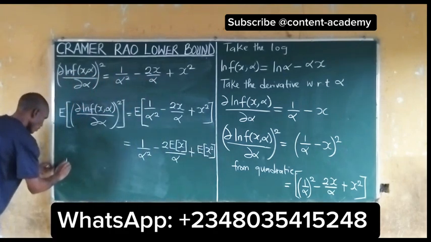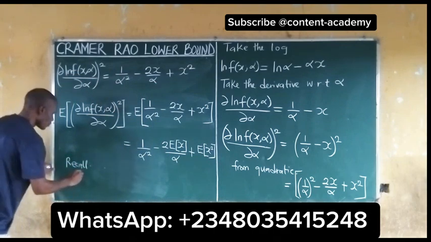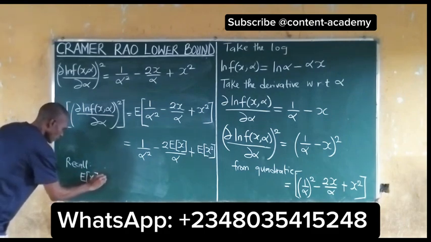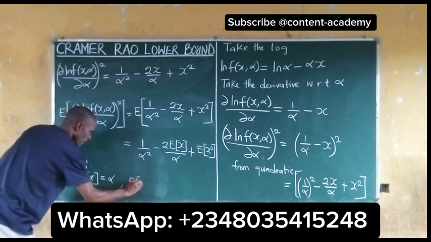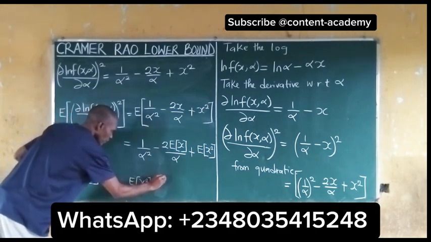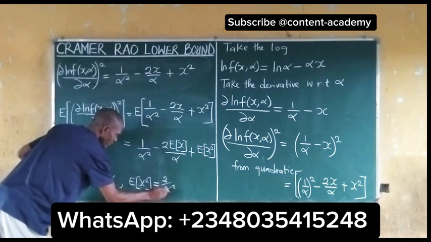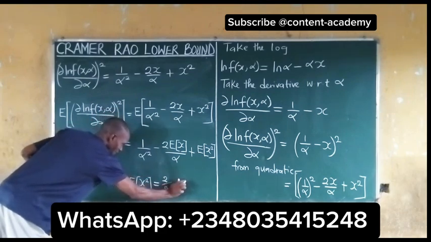Of course, we recall that for the exponential distribution, our expected value of x is equal to alpha, and the expected value of x squared is equal to 2 all over alpha squared.